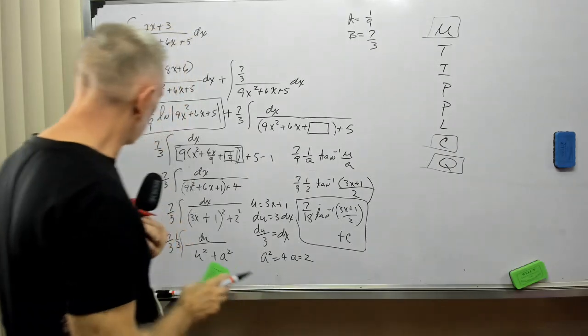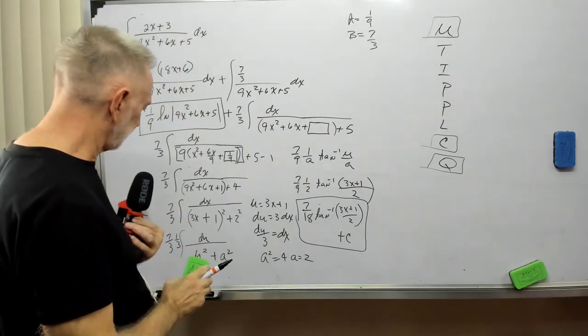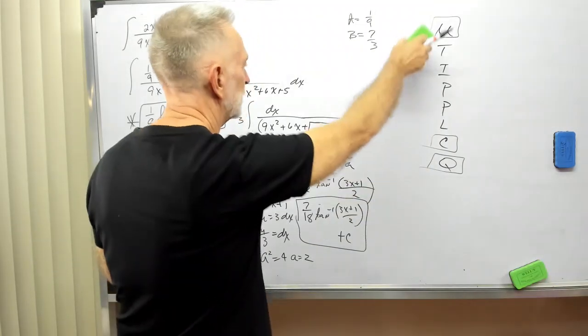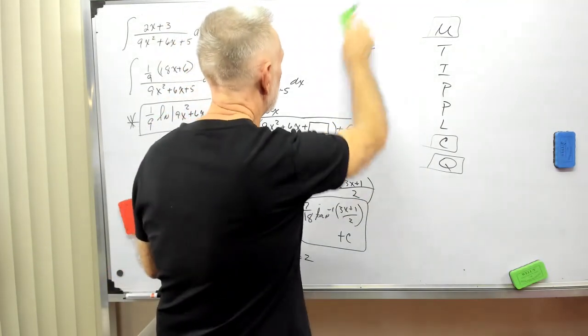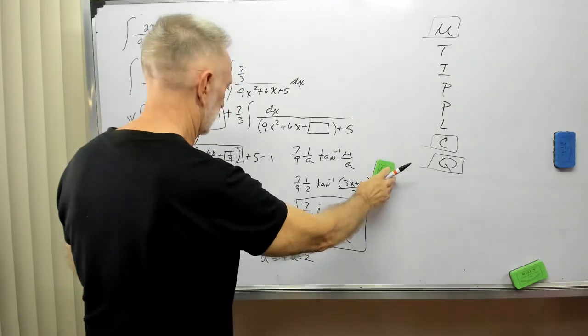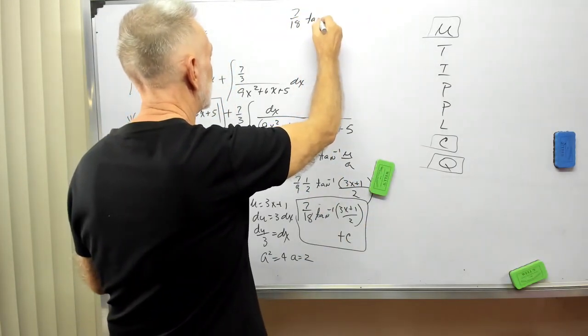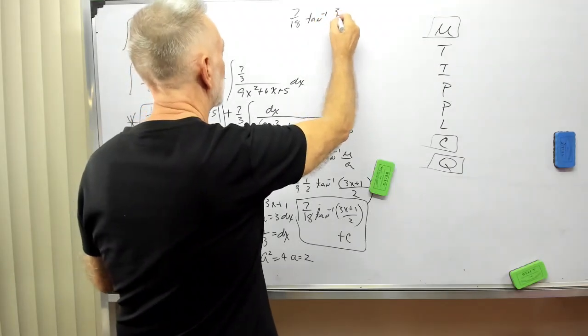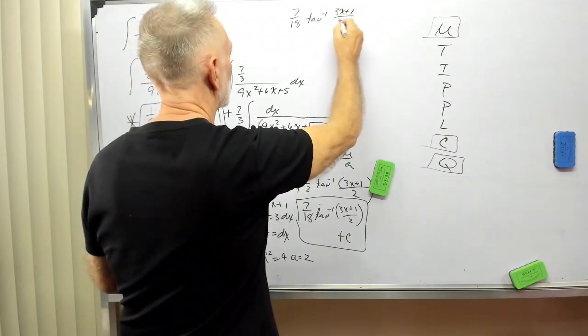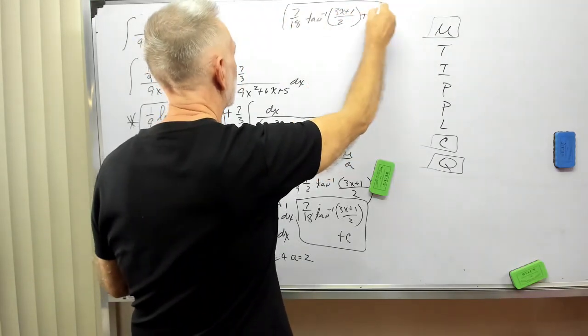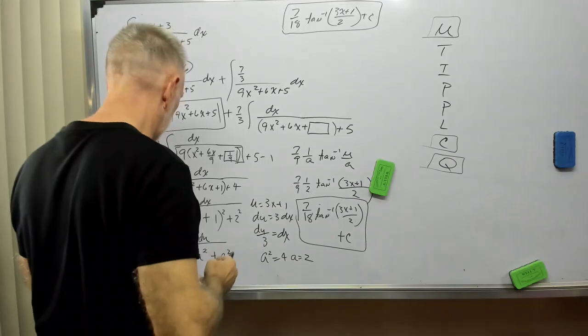So let's see, what can we divide out here? Let's just work right in this area. We're saying 7/18 tangent inverse of (3x plus 1) over 2 plus c. That's what we're trying to get.